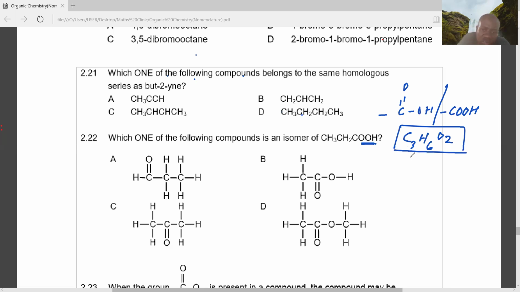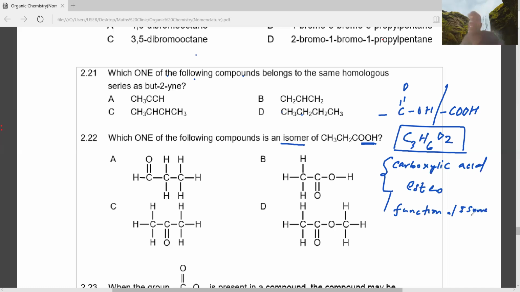And if we want to know the isomer of a carboxylic acid, what is an isomer of a carboxylic acid? Carboxylic acid and then esters. These are functional isomers. So obviously, if we have a carboxylic acid and want an isomer, it must be an ester.